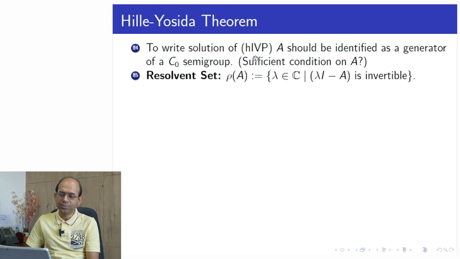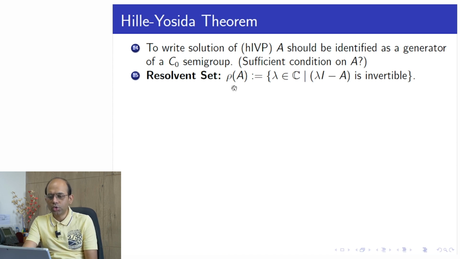Here is the definition of the resolvent set. rho of A is defined as the set of all complex numbers lambda such that lambda I minus A is invertible, where I is the identity operator. Now see that if the operator A itself is invertible, then 0 belongs to rho of A, correct?